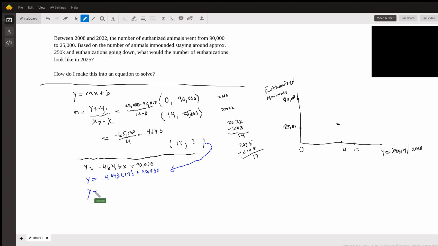So y is going to be equal to, let's see, times 17. So that's going to give me negative 78,928 plus 90,000. And that gives me 11,071. These are just estimates, of course.